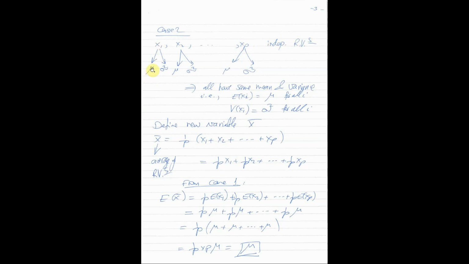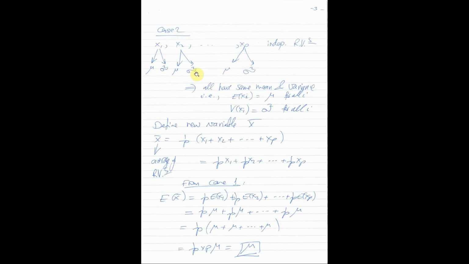So the expected value of x1 is mu, and the variance of x1 is sigma square. The expected value of x2 is also mu, and the variance of x2 is sigma square, and so on. The expected value of xp is mu, and the variance of xp is sigma square. So each one of the random variables has the same expectation, mu, and the same variance, sigma square.